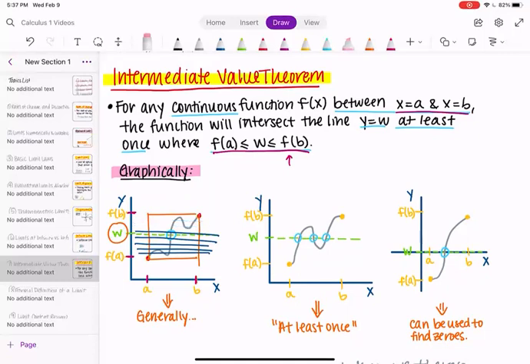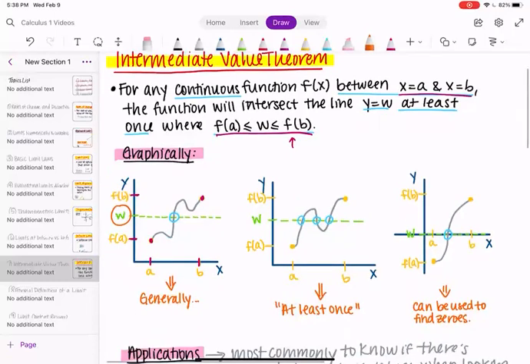So let's look at a couple of the minor details. It says at least once, which means I can look at a more complex function like this inside that same box, inside my f of a, f of b, a and b box.